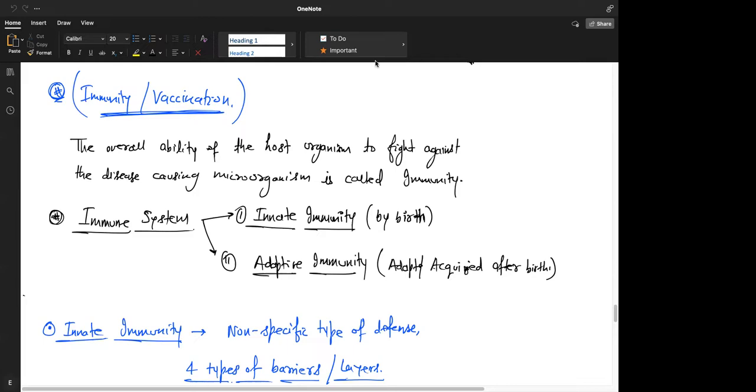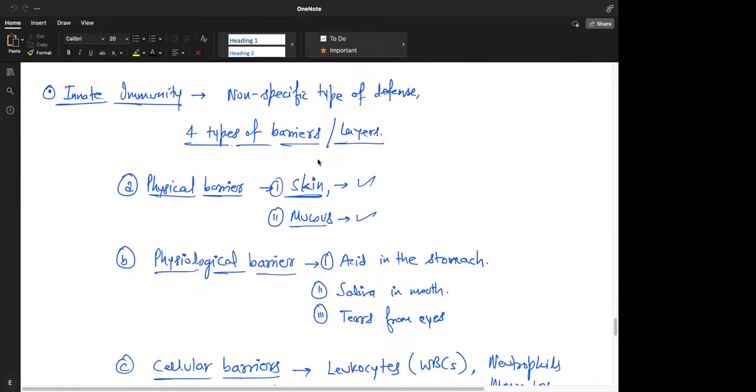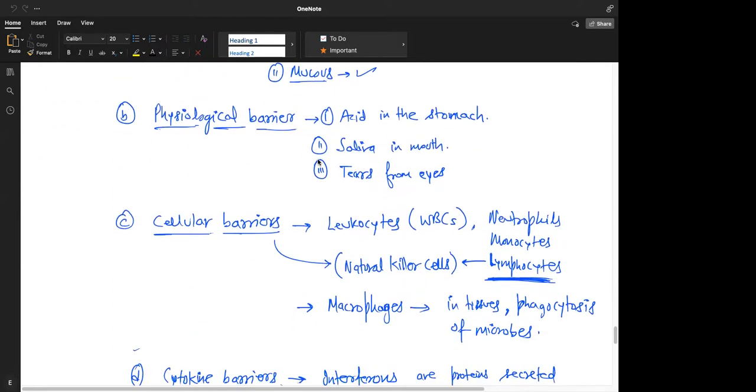Then there are physiological barriers, which are acid in the stomach, saliva in the mouth, and tears in the eyes. These are a few examples we discussed. Then cellular barriers are leukocytes, which are WBCs: neutrophils, basophils, monocytes, and lymphocytes.